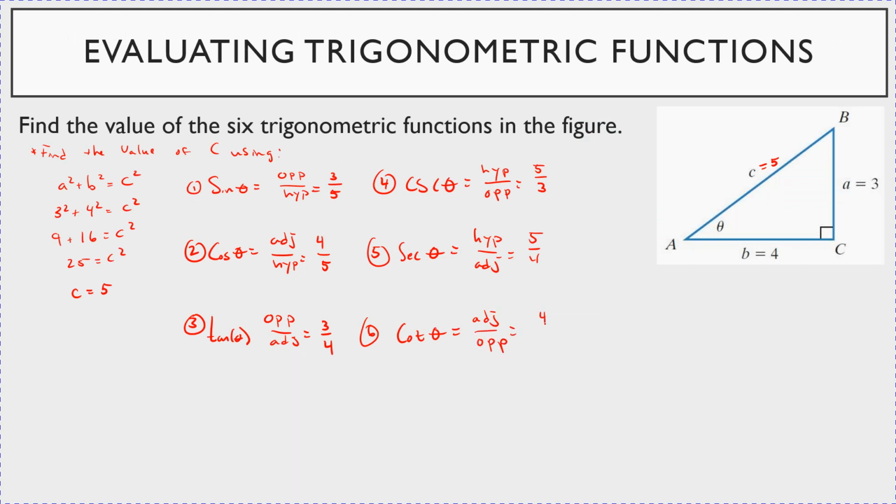So that's just 4/3. Boom, we got it. Okay, so you can see here that the trick was just remembering the definitions and then going from there. Okay, let's try another one.